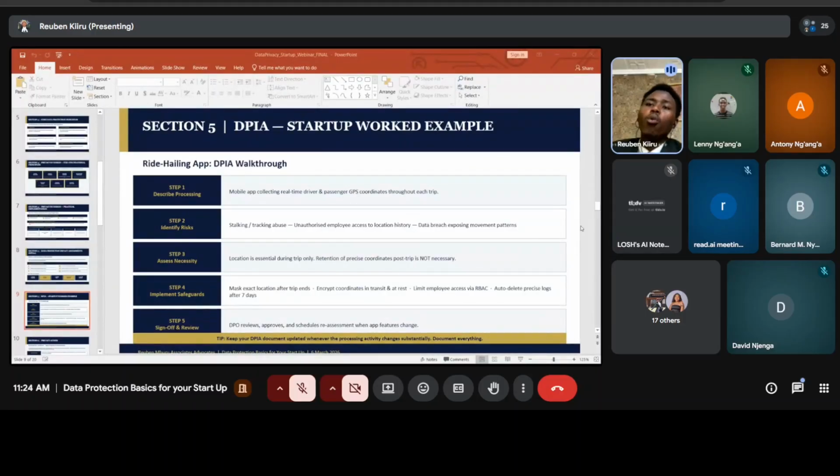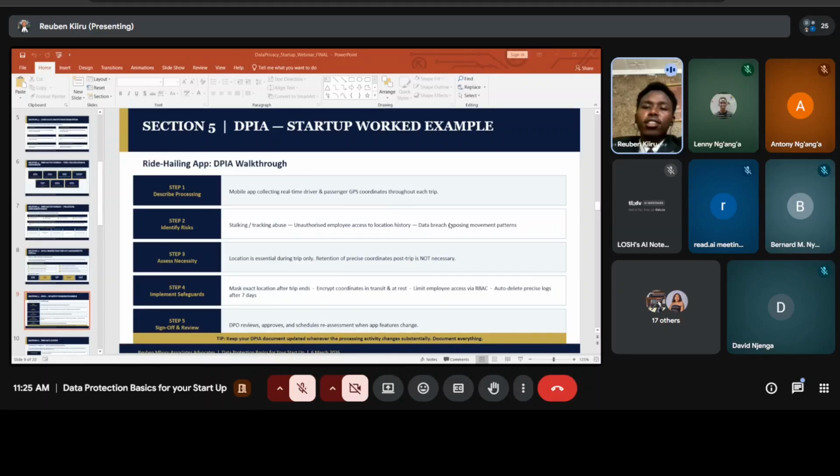Then what risks are there when processing GPS data of people? People can get stalked, abused, location history can be accessed, and employees of the ride hailing app can have access to location data. The most common example would be a vengeful ex who is an employee of Uber and has access to user data.